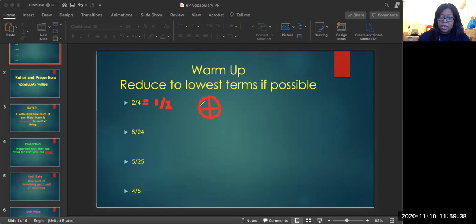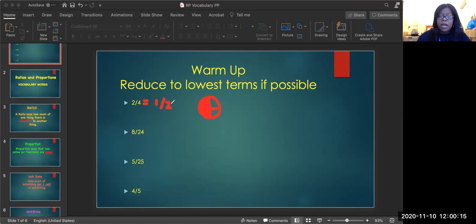So I want to shade in 2 of the 4 areas. Even though I shaded in 2/4 of the area, I can also see that I shaded in 1/2 of the area, thus letting me know that 2/4 and 1/2 are the same thing, or they are equal. 2/4 is equal to 1/2.